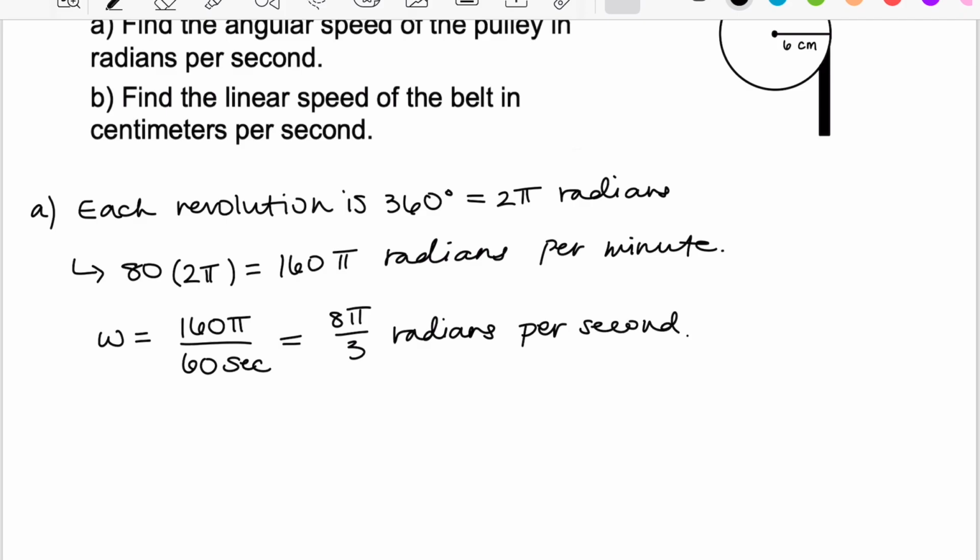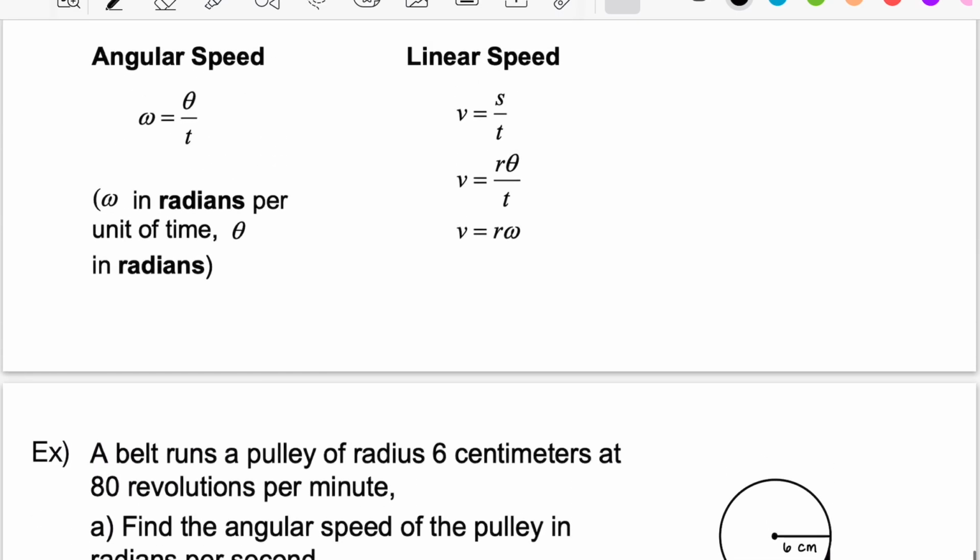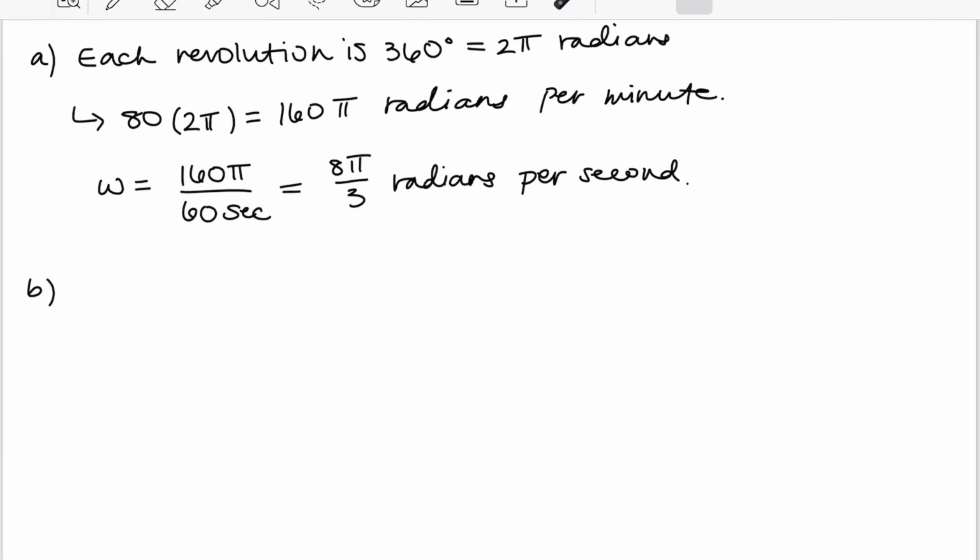Alright, and then for part B here, we want to find the linear speed of the belt in centimeters per second. Remember, our linear speed is given by either one of these guys here. We just found our angular speed, and we know that our radius is going to be 6 centimeters. So what we'll do is we'll use this guy here. So our linear speed is going to be equal to our radius times our angular speed.